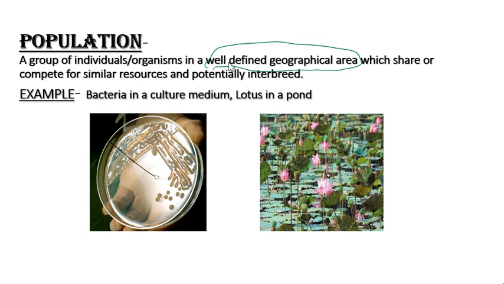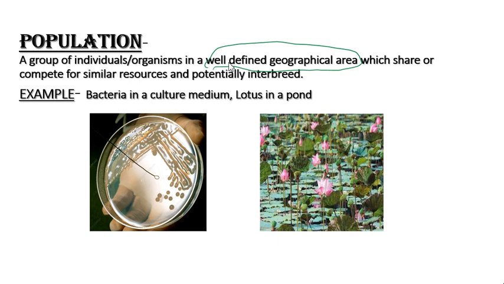We need water, we need air, we need soil to grow our plants. So we are sharing, or rather we are competing for our own resources. And potentially interbreed. Interbreed here means sexual reproduction, but if we count for the population study, we can take asexual reproduction into account as well.